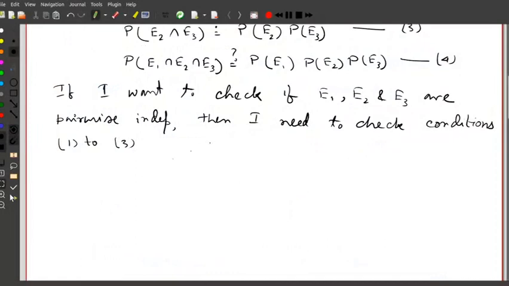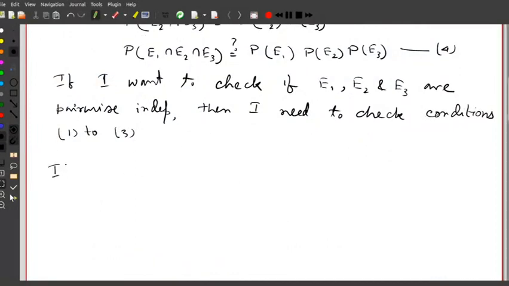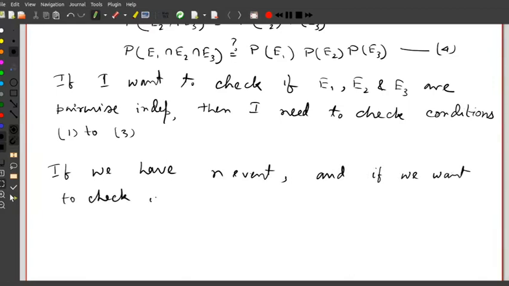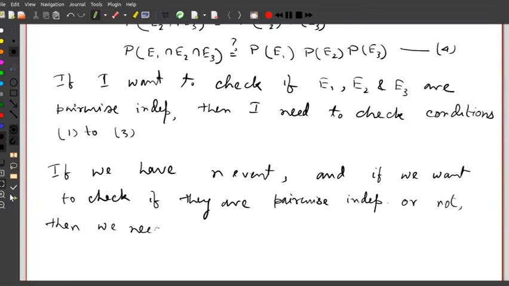that if we have n events, and if we want to check if they are pairwise independent or not, then we need to check how many conditions.